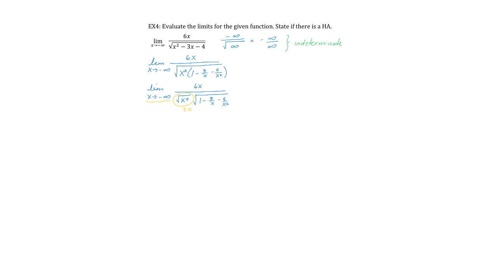That means my square root would be negative, which cannot happen. So this is actually the limit as x goes to negative infinity of 6x over absolute value of x. So that'll ensure that my simplification does not give me a negative x.